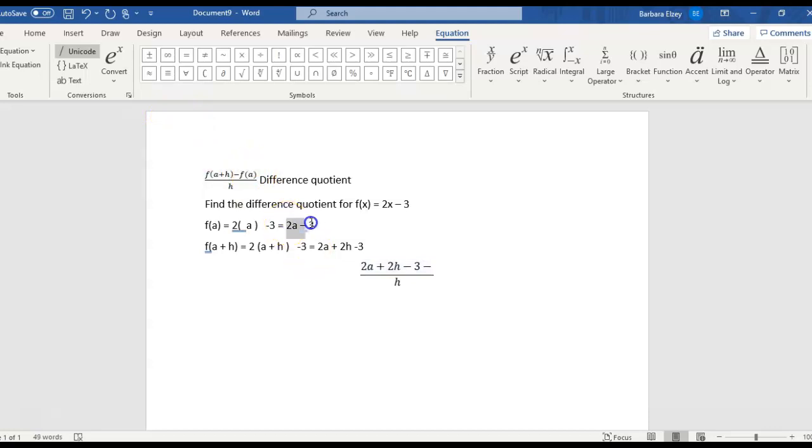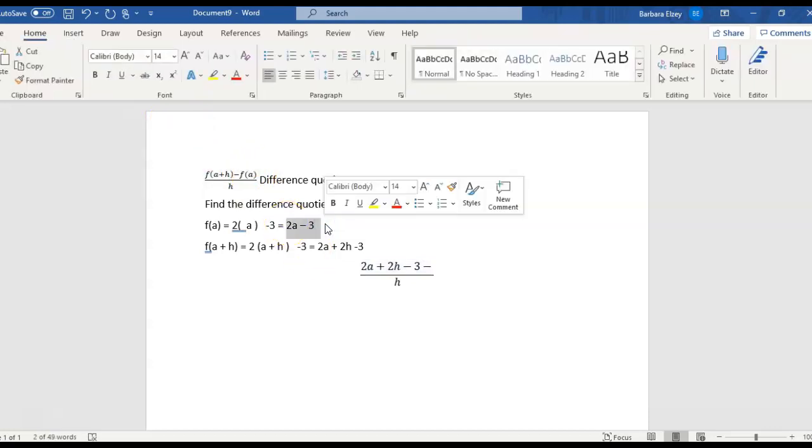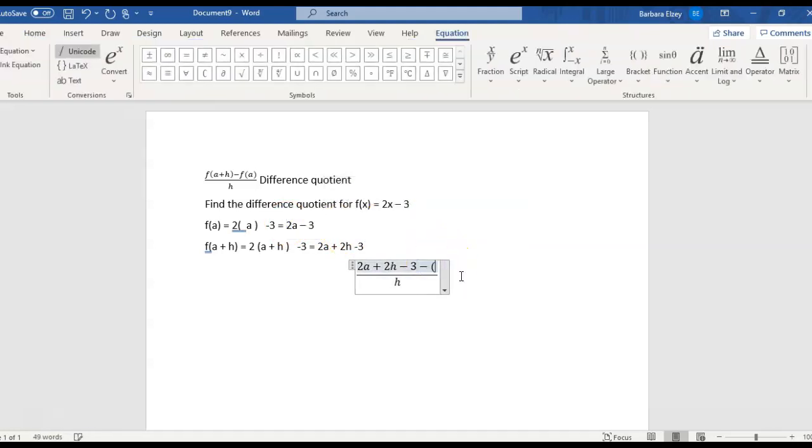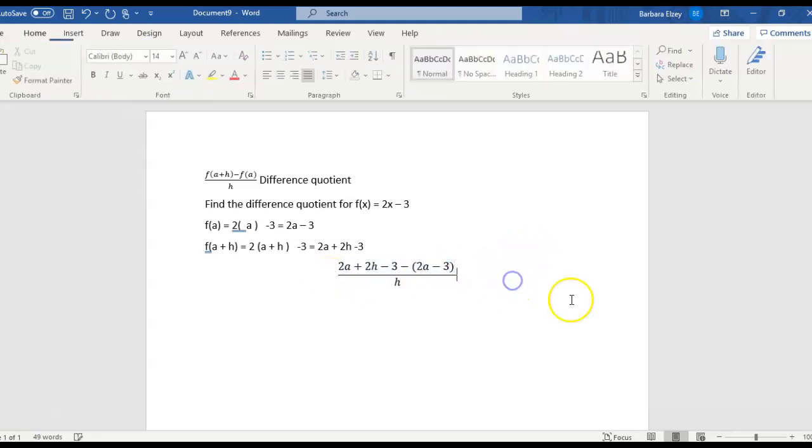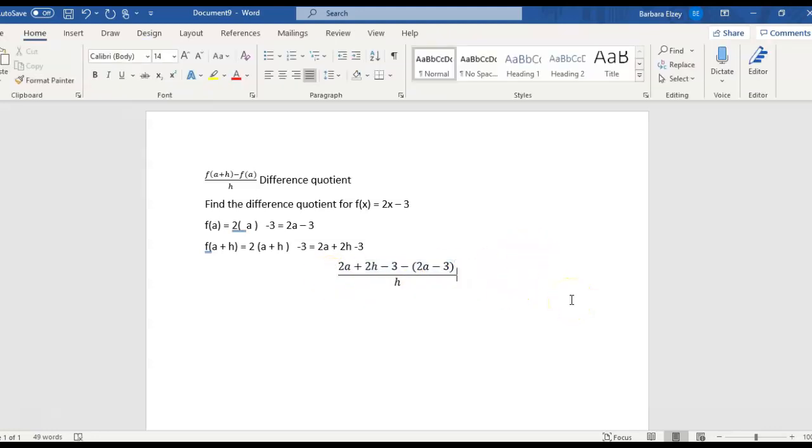And this was my answer to f of a. But there's a minus sign sitting in front of f of a. So I have to be careful that I put my f of a in parentheses, because I'm going to distribute that minus sign through it. So this is our setup. We've got our difference quotient set up. Now we've got to work through a few computations to simplify it.